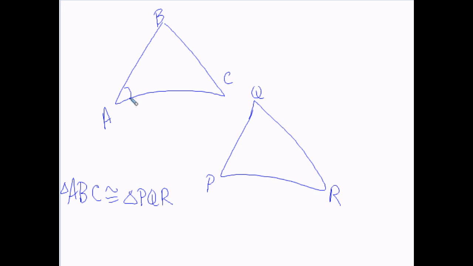So A would be the same as P, B the same as Q, and C the same as R. That shows that the angles are congruent. And then to show sides, we put the same number of slash marks: AB and PQ, BC and QR, and AC and PR.